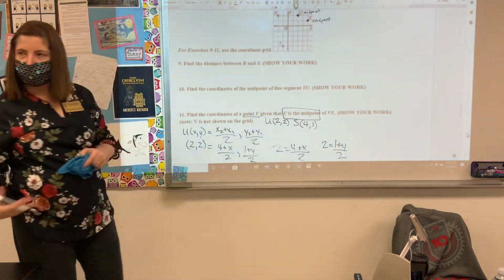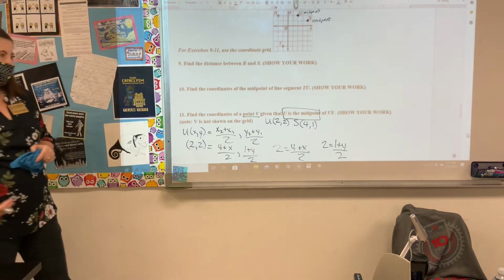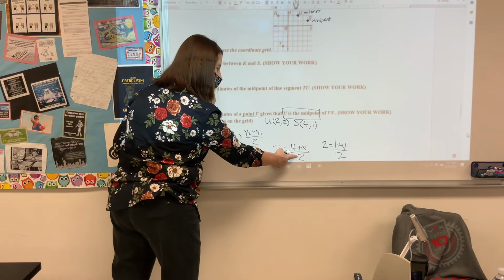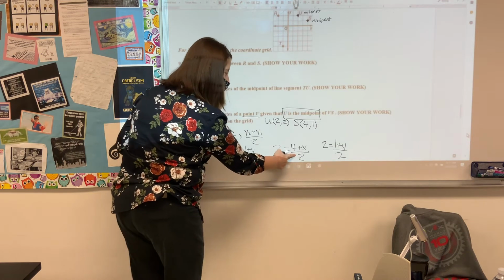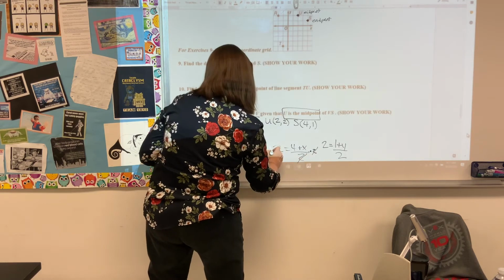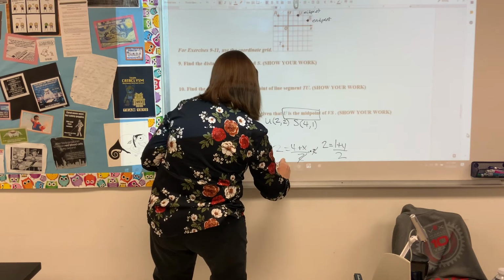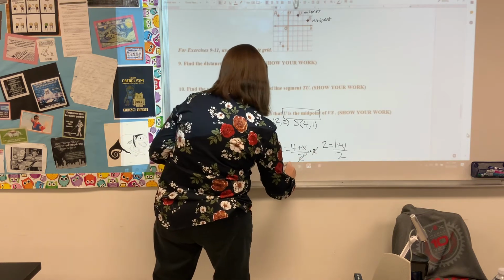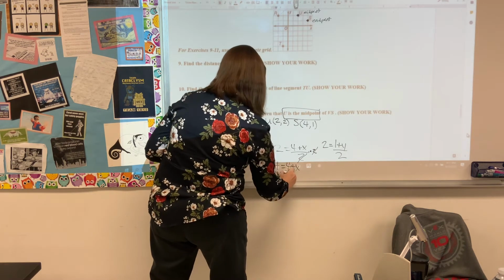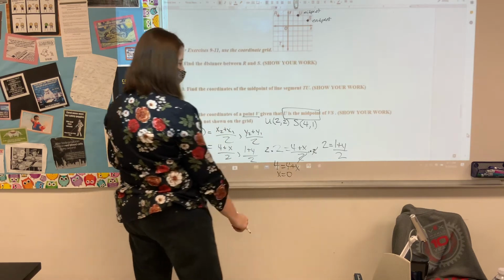Okay, here's another place where we have to be careful with the algebra. In order to get rid of the 2 on this side, I have to multiply by 2. So I get 4 is equal to 4 plus x. X equals 0.